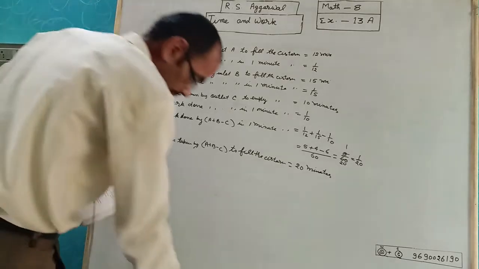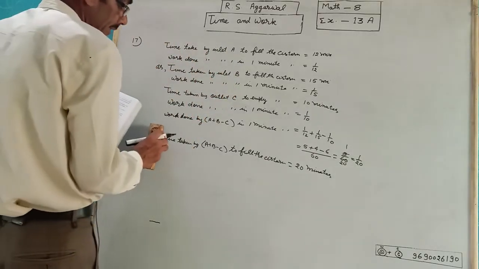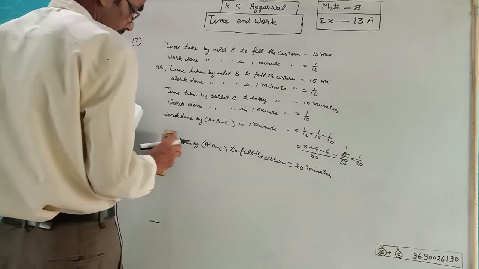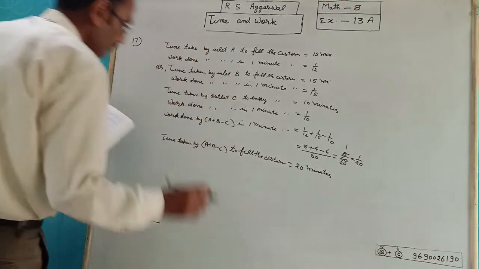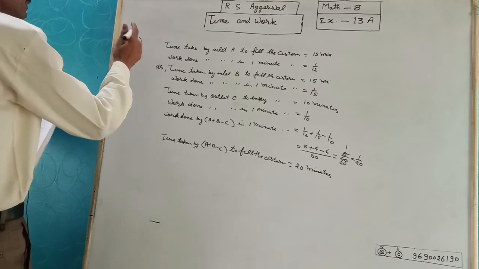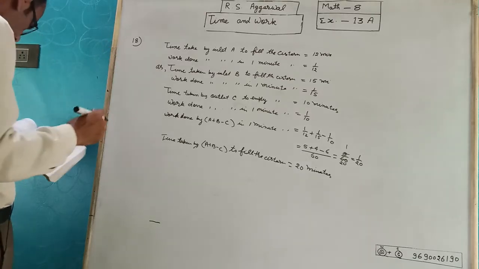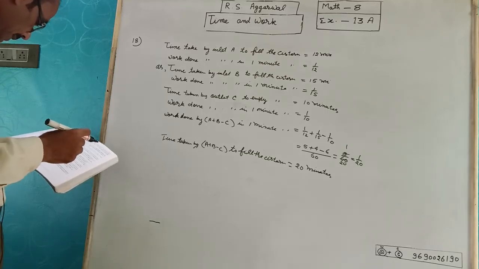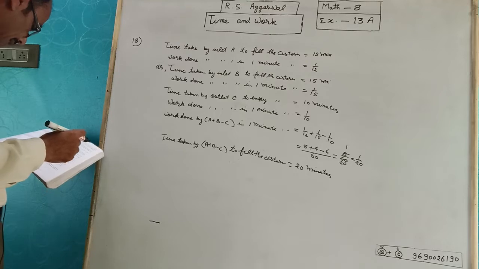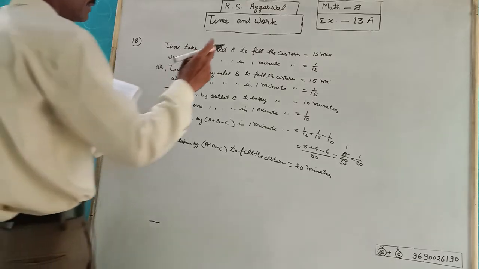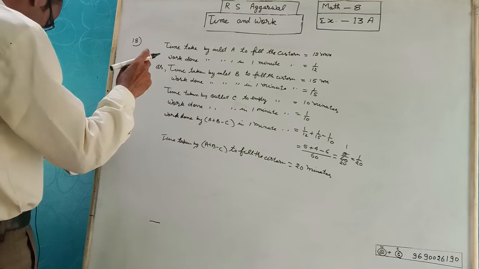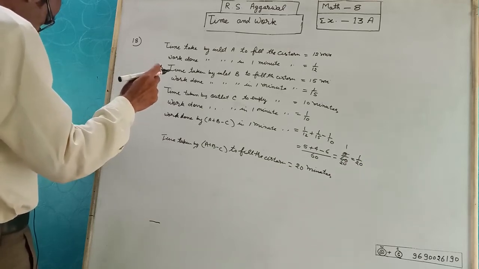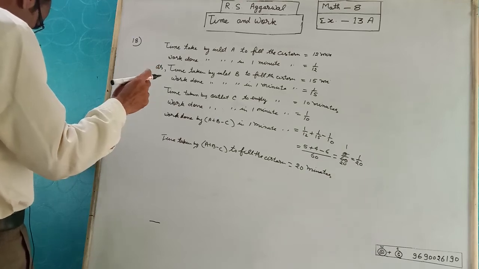Question 18. A pipe fills the cistern in 9 hours, and with a leakage the cistern fills up in 10 hours.